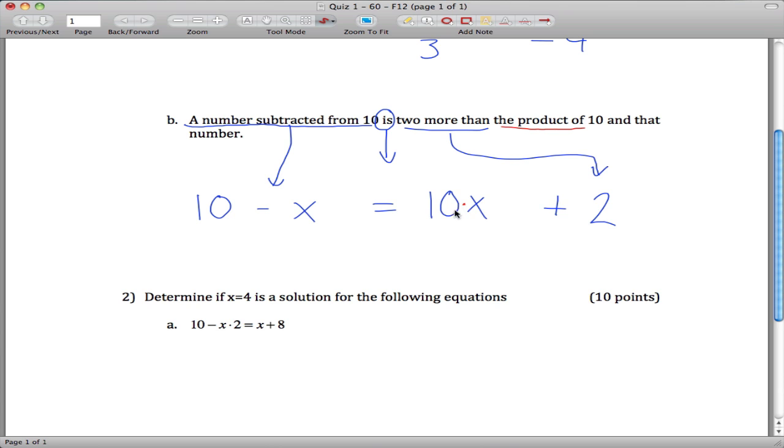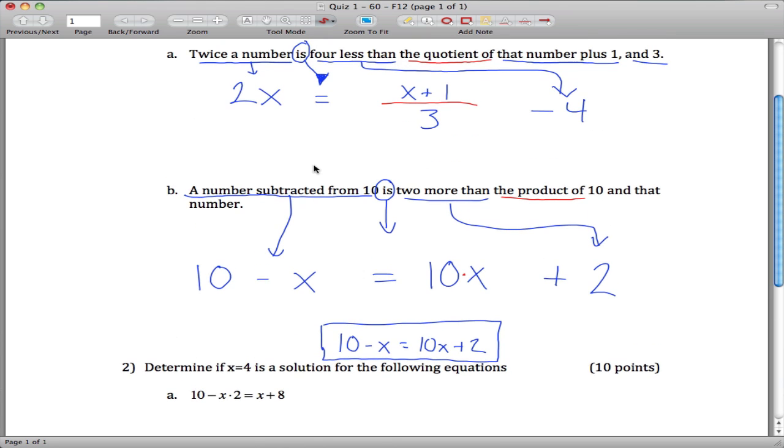So 10 times x, or just 10x. So our final equation is 10 minus x equals 10x plus 2. Similarly up here, I got 2x equals x plus 1 over 3 minus 4.